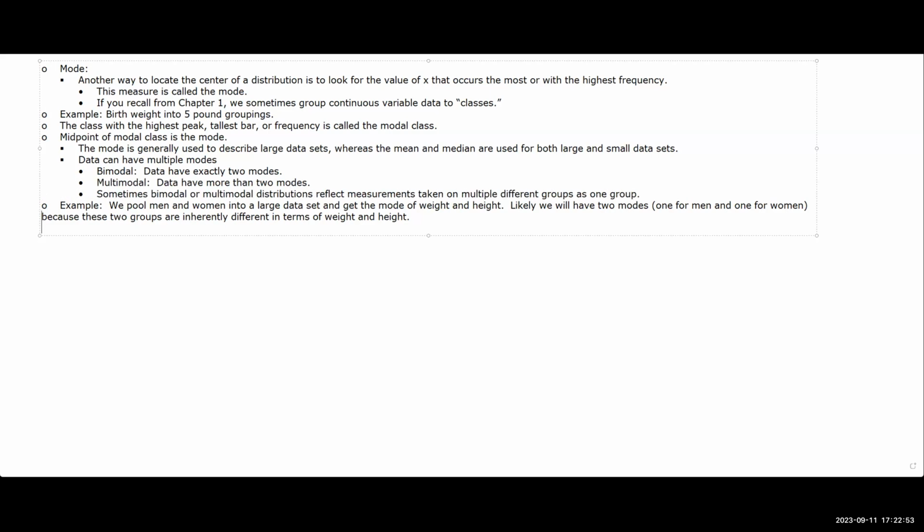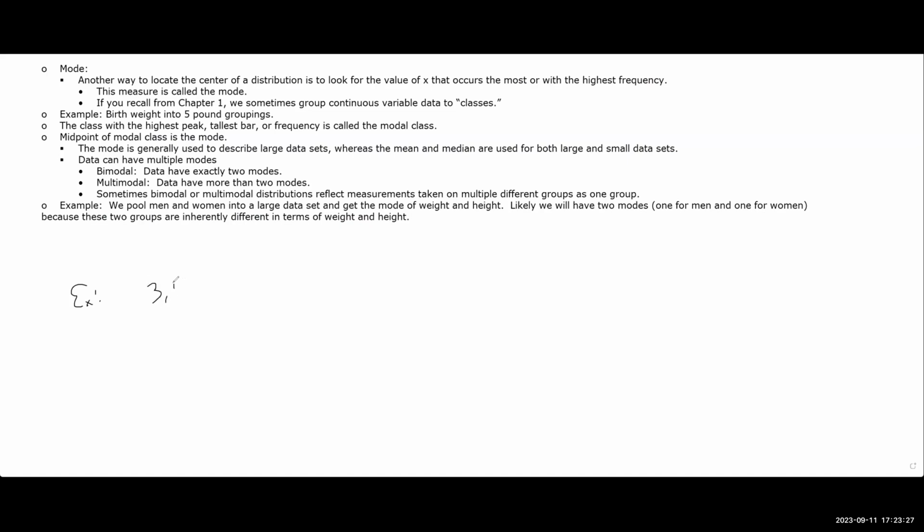Okay. Mode is another way of trying to locate the middle of the distribution. And the way we look for the middle using mode is, what is the value of X that happens the most? So what do I mean by that? Okay, so let's give you an example. Let's suppose we collected the age of a certain number of people.